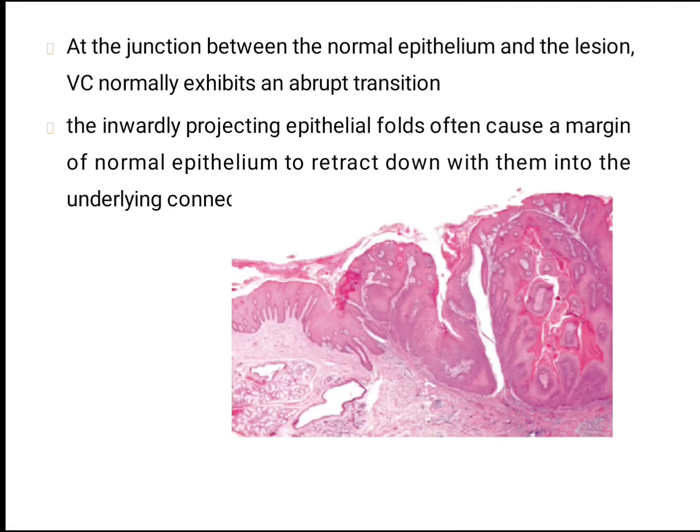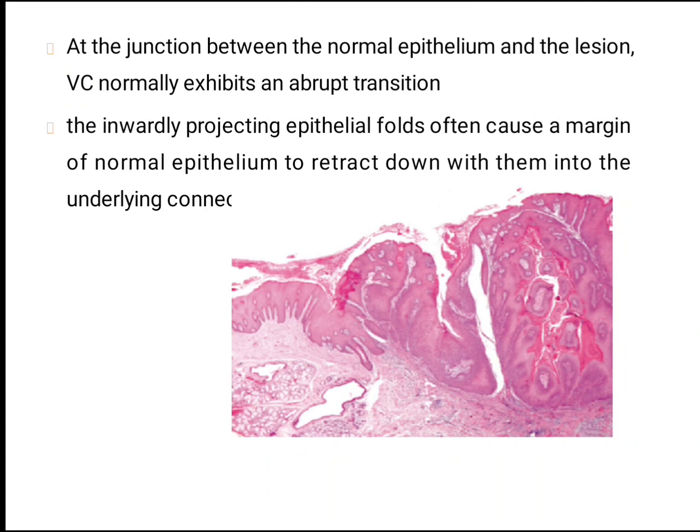Okay. So another important point is, at the junction between the normal epithelium and the lesion, verrucous carcinoma normally exhibits an abrupt transition. The inward projecting epithelial force causes a margin of normal epithelium to retract down with them into the underlying connective tissue. Okay, so in this photomicrograph, on the left side we will see the normal epithelium, and on the right side we will see the verrucous carcinoma.